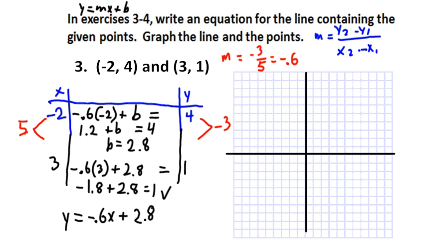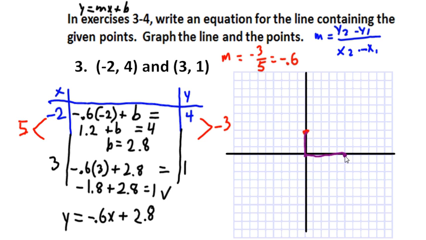And to graph, if we go to our y-intercept, we come right up here, go up 2.8, which is close to 3, and we have negative 0.6, or we're going to use a fractional form, negative 3/5. That's going to be a rise of negative 3, so we go rise of negative 3, and we have a run of 5. 1, 2, 3, 4, 5.